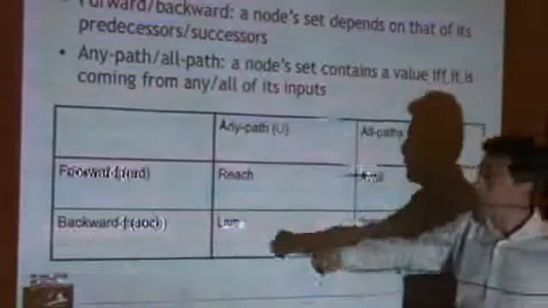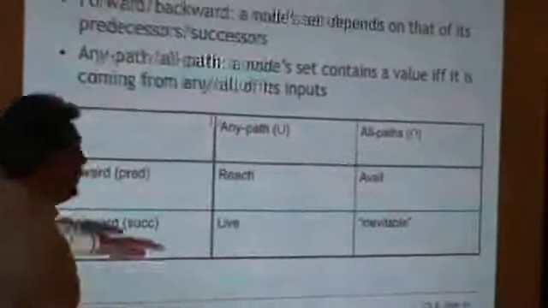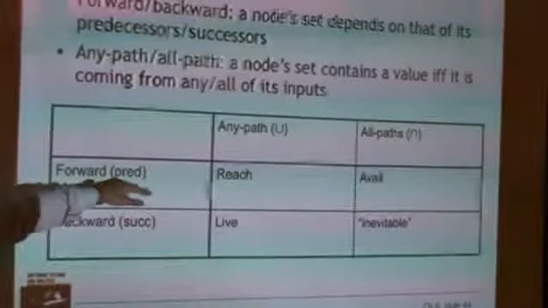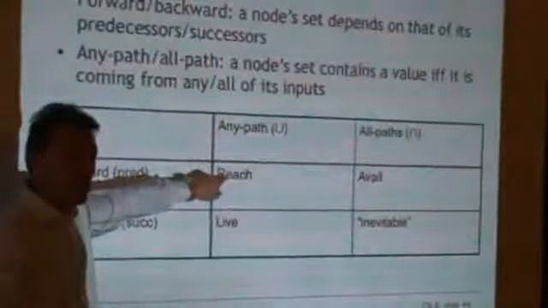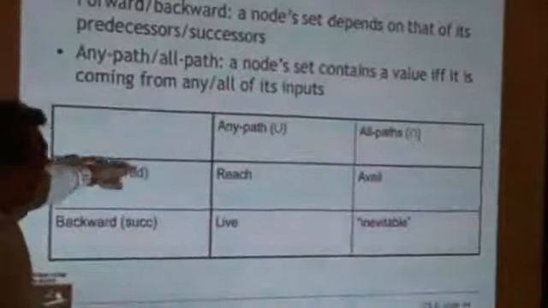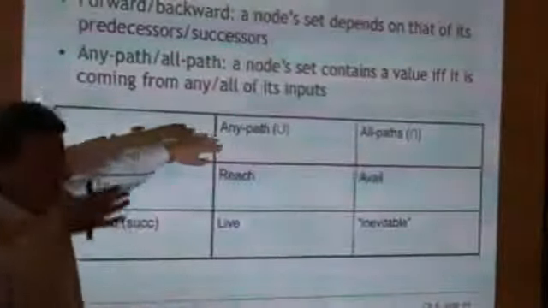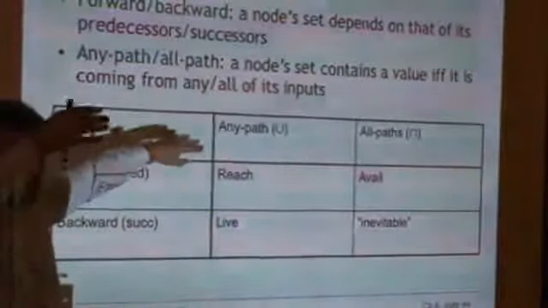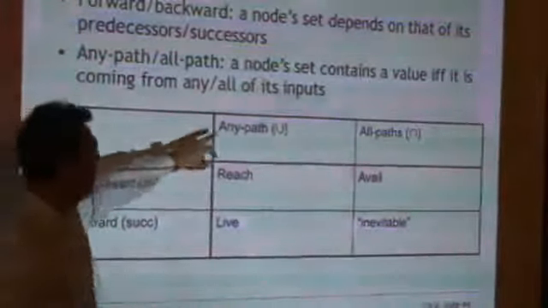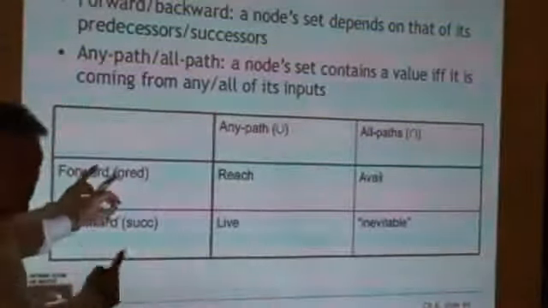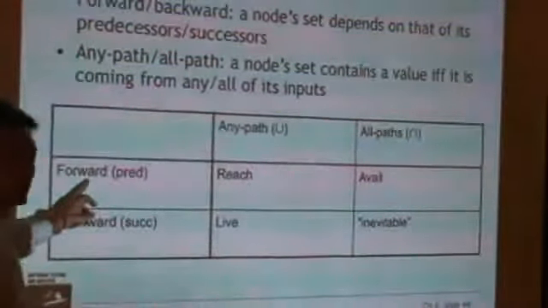And then you have forward, looking at predecessors, and backward, looking at successors. So reach analysis is the analysis that tells you what are the reachable definitions, or the gen, that propagate on at least one path from the predecessors.